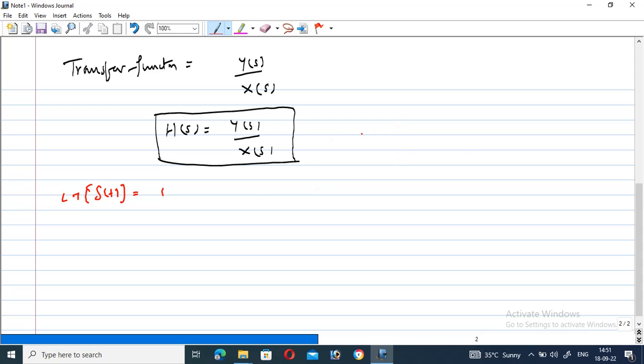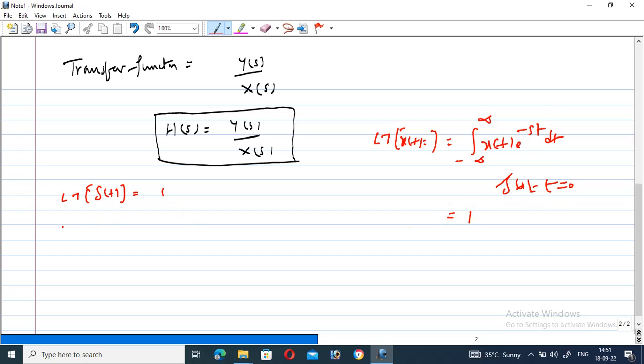Taking the Laplace transform, the integral from minus infinity to infinity of x of t into e power minus st dt, here x of t is equal to del of t. Del of t exists at t equal to 0. Therefore, substituting t equal to 0, this value is equal to 1.